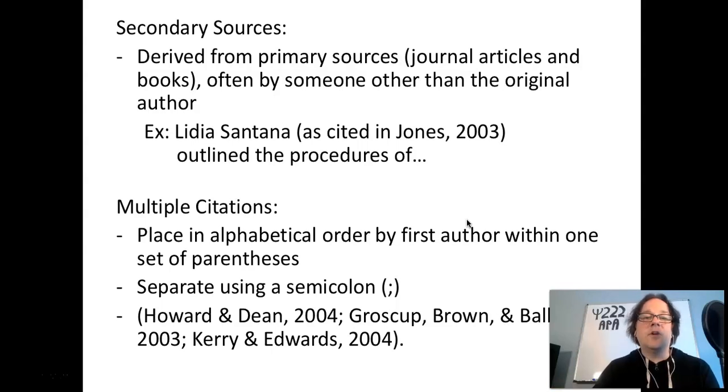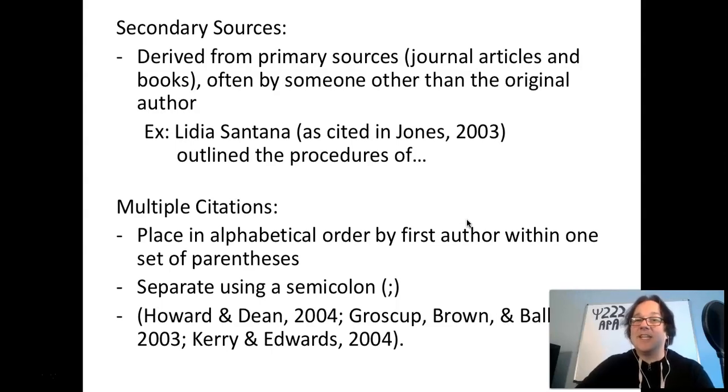Secondary sources. So when we are talking about research that other people are citing, so these are not articles that we have in front of us, but I have an article in front of me that mentions someone else's article, right? That's tricky.